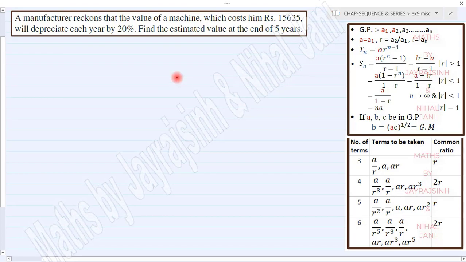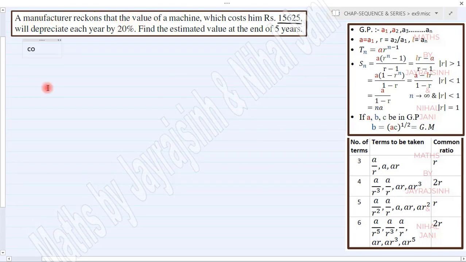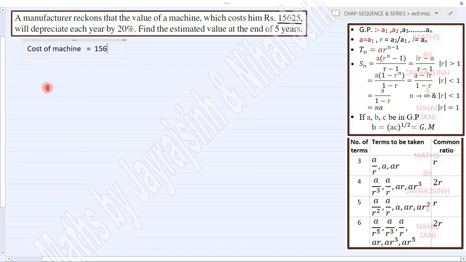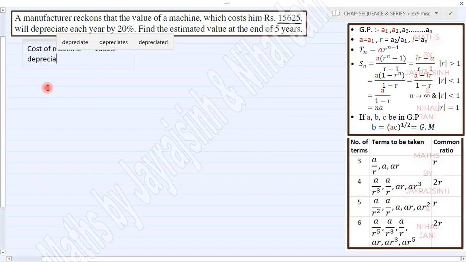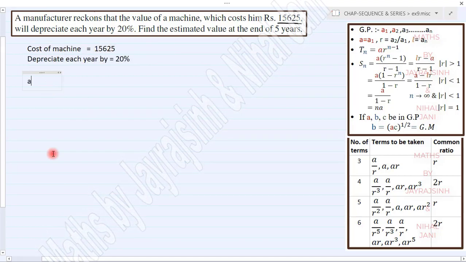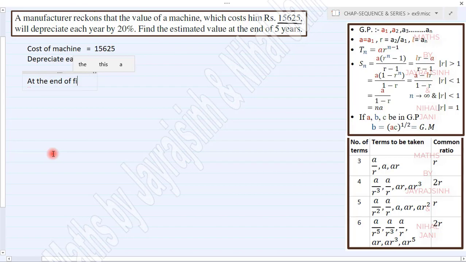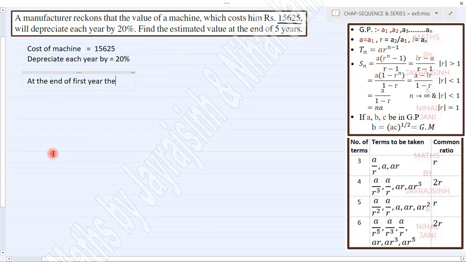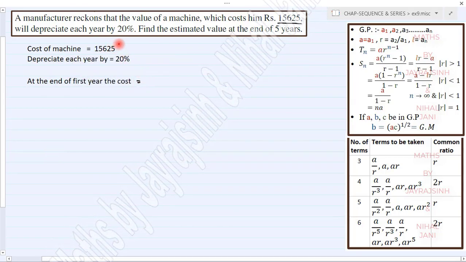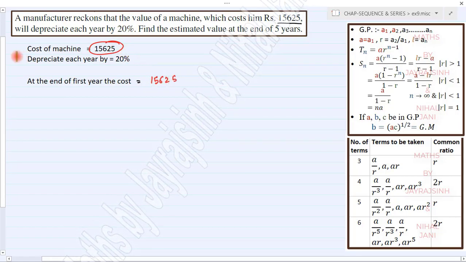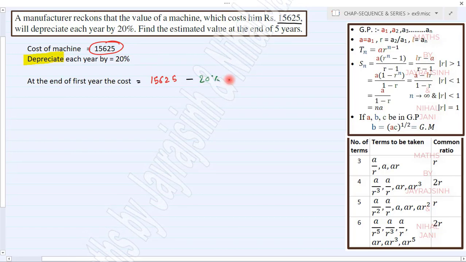In this problem, we have one manufacturer who reckons that the value of a machine which cost him 15,625 will depreciate each year by 20%. So we can say at the end of the first year, its value will be the original cost, which is 15,625, minus 20% of its original cost.